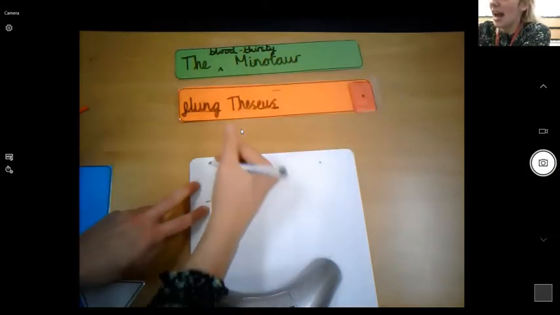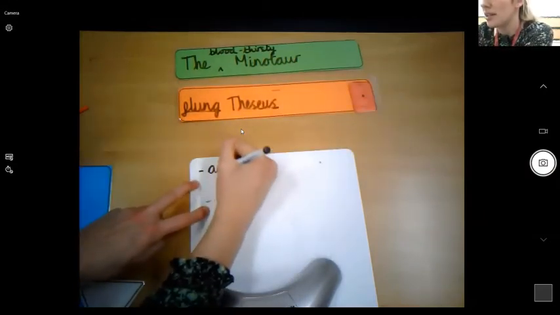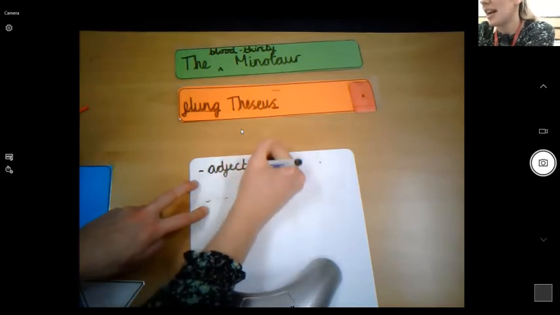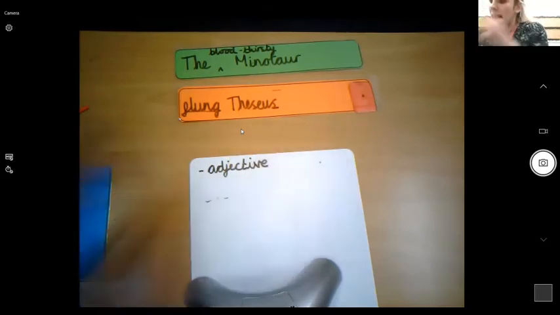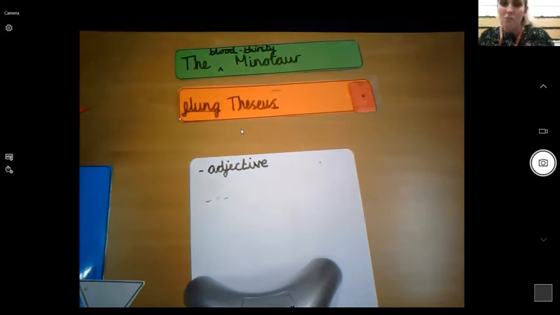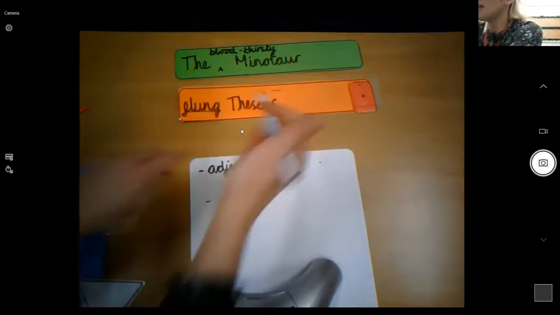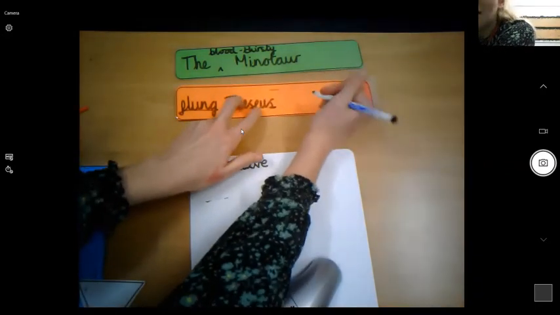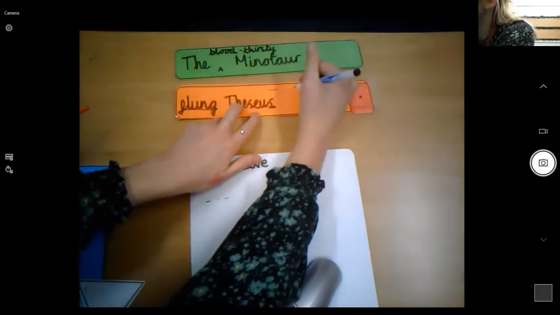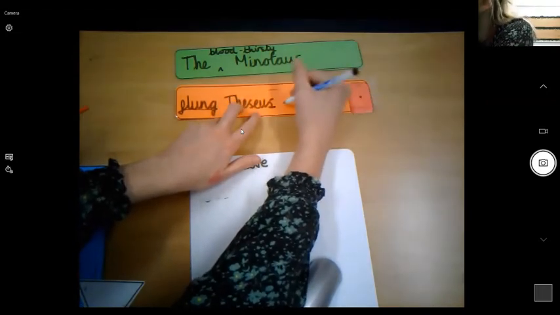I'm going to write here how I'm improving my main clauses. So I've added an adjective. I could actually give more information in this simple sentence. Well, where did the bloodthirsty Minotaur fling Theseus? He flung Theseus, I remember from the video, into the air. So I'm going to add that onto my predicate. I'm adding now my adverbial phrase to explain where, or a preposition.